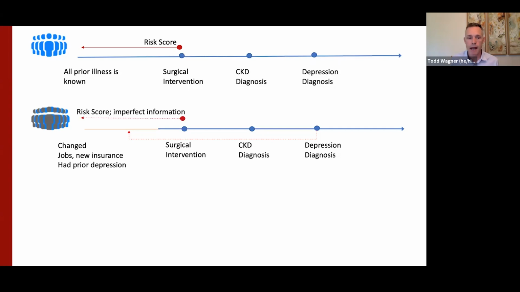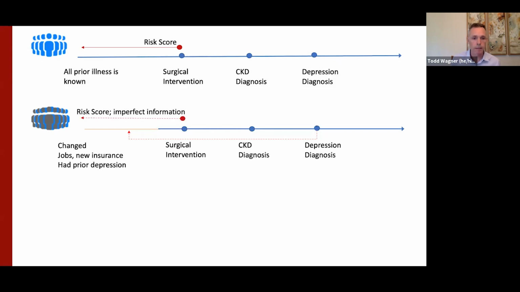One way that might happen, for example, is if a person in your cohort changed jobs and now they weren't in one data set and now they're in the other data set. You can imagine perhaps they had a depression diagnosis beforehand, you just didn't observe it. In this case, you see it after, but it really was beforehand. And this happens all the time because there's cycling through of insurance.